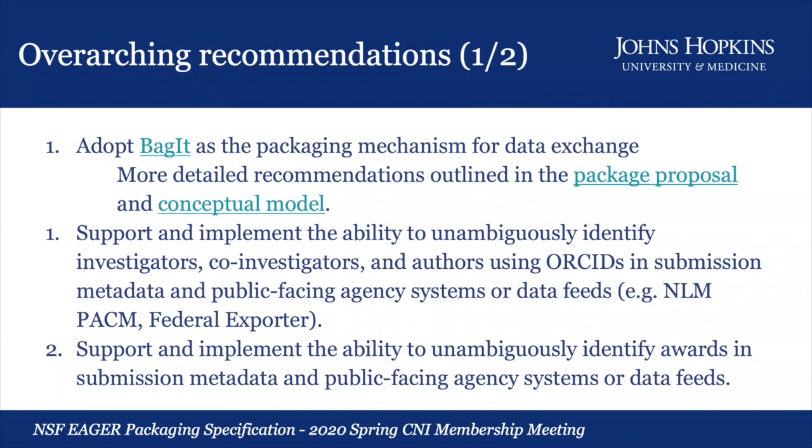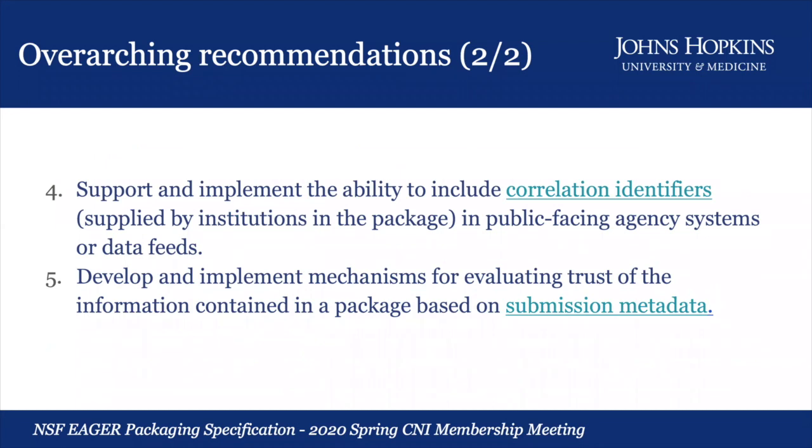Number four, we recommend the use of correlation identifiers, think tracking numbers, for depositing digital content to enable a system to unambiguously follow the status of its submission through the final stage. So the last three recommendations addressed the overall correlation challenge that we identified in the workshop.